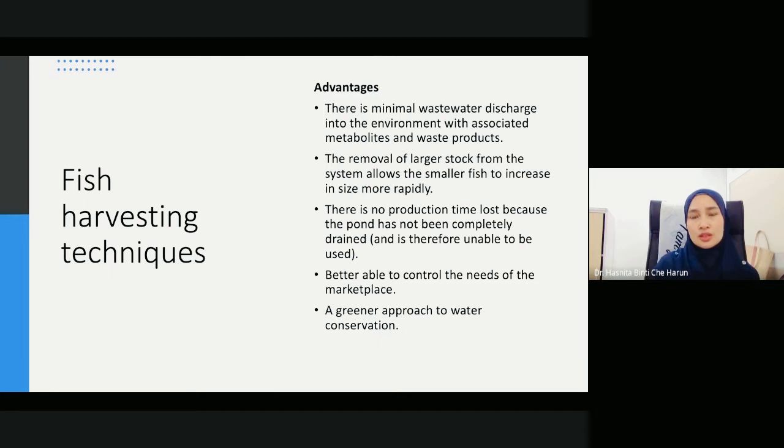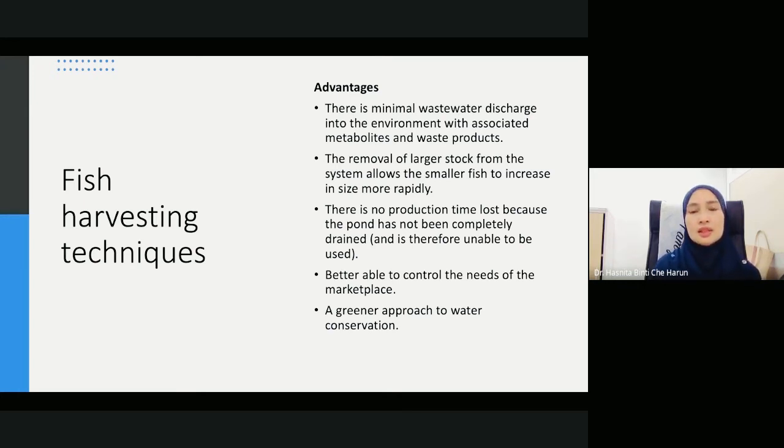And there is no production time loss because the pond is not being completely drained. It means that if the complete cycle is 12 months, maybe at 7 months you will have the first harvesting, then 8 months, 9 months. So it means that every month after the 7th month, you can have income every month until you completely harvest the fish from the pond and start the new cycle.